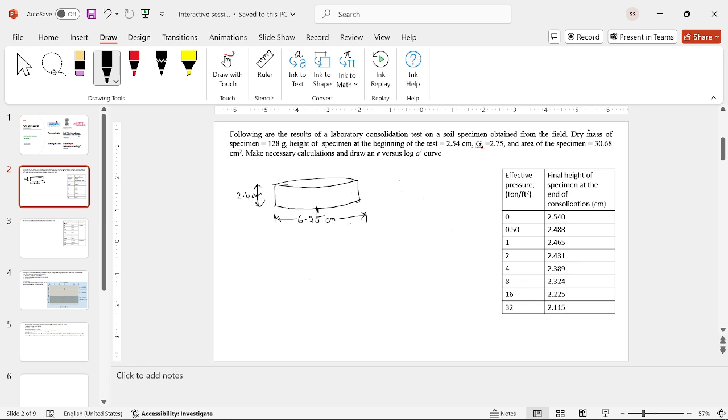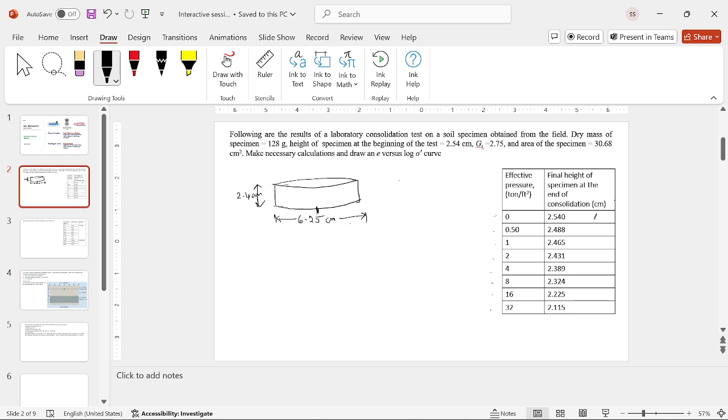Okay. So the dry mass of the specimen is given, height of the specimen is given, area is given, Gs is given. Make the necessary calculations and draw the e versus sigma dash curve, and we have been given the effective pressure at each loading step. Like we have increased the pressure 0.5. These are the pressure readings, and we have the settlement here, final height of specimen, or we can subtract.